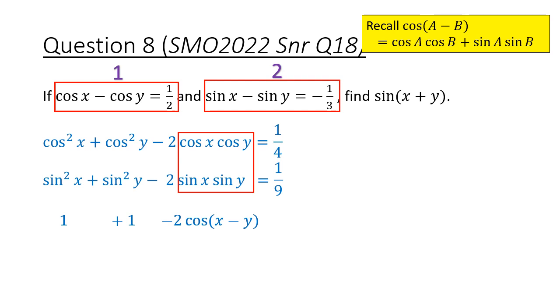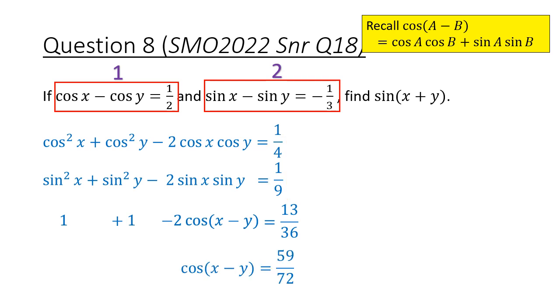Now, there's still a negative 2 in front, so don't forget that coefficient. And on the right-hand side, we're going to get 1 over 4 plus 1 over 9, and that will give us 13 over 36. Next, we can simplify a bit. We will make cos (x minus y) the subject. We'll get 59 over 72.